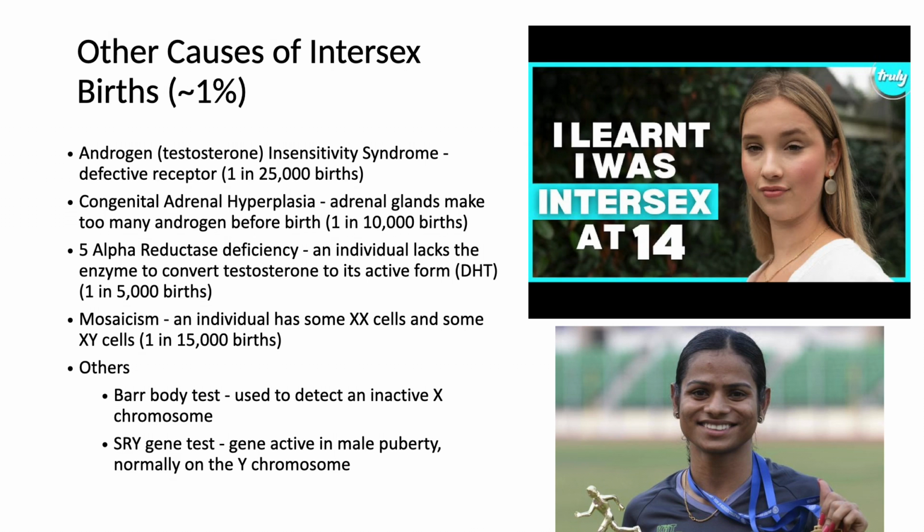The SRY gene test, which has now been adopted, is a test for a gene that's active during male puberty. This gene is normally found only on the Y chromosome, okay? But in some cases of abnormal crossing over, it can cross over to the X chromosome. And so some females may have this gene. It doesn't do anything in them, but they may have it.